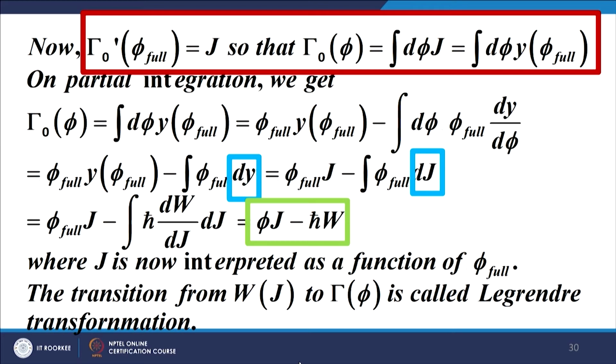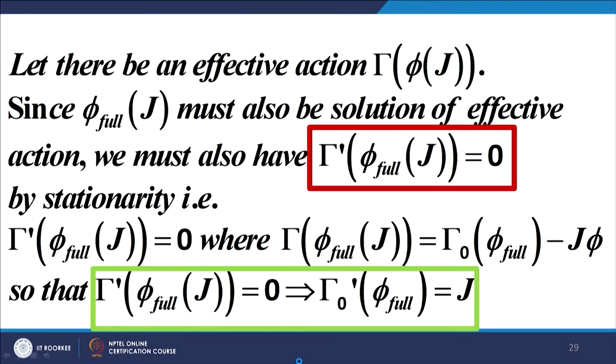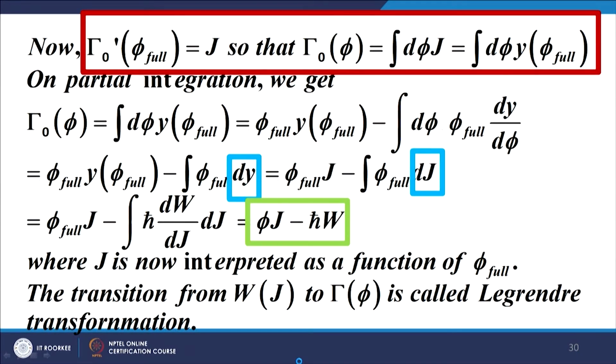Now, from the previous slide what we get is gamma 0 dash phi full is equal to j, and that gives us gamma 0 of phi is integral of d phi of j. From this expression we immediately obtain the expression, but the integration is with respect to phi, the integrand is j, we need to change variables to phi.